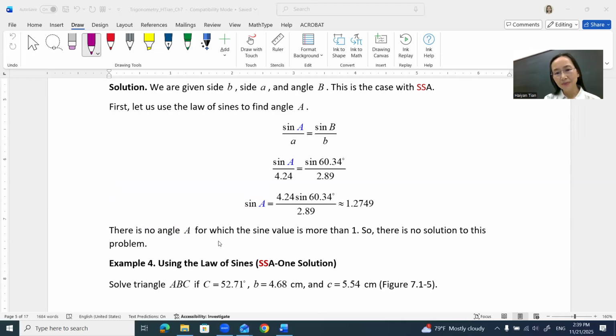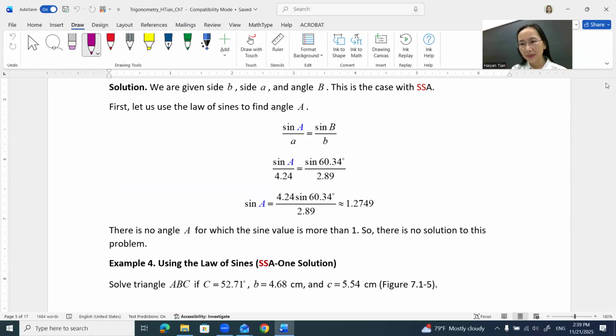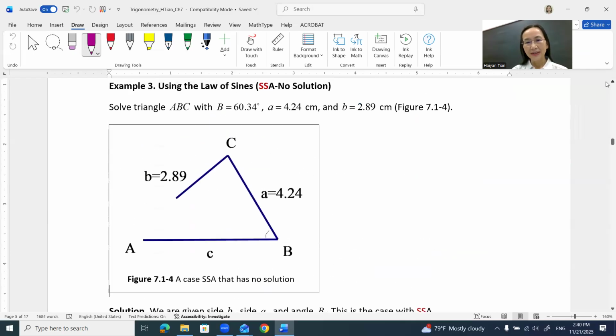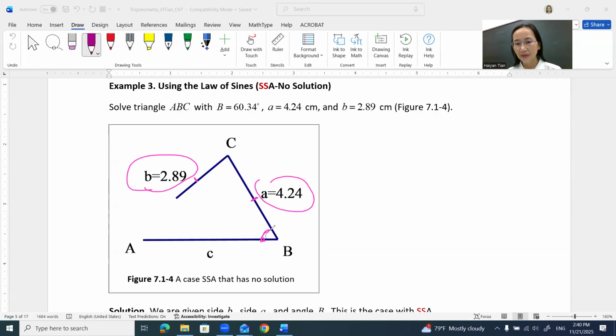So that is easy to see, because if we look at the graph showing that we have this length, there's another side length, there's the angle. So that shows that it's impossible to form a triangle with this side length and with that set of information.